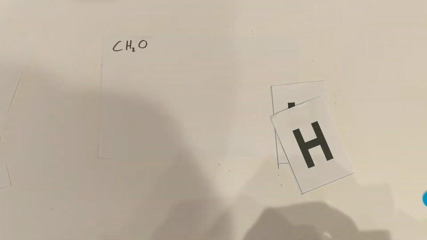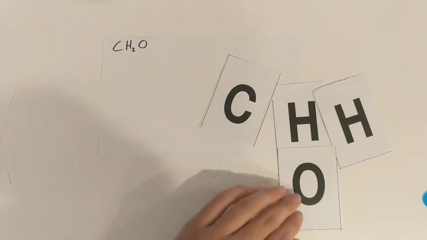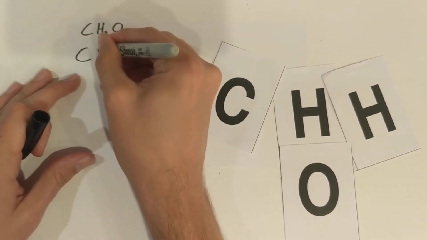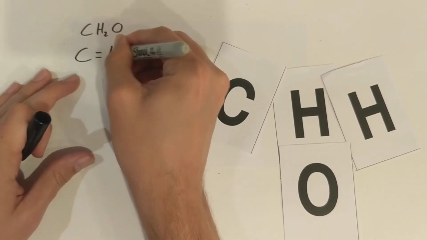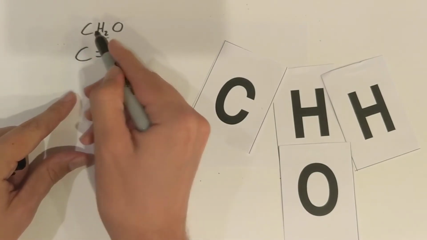CH2O. So let's get 2 H's out here. A C and an oxygen. And let's see how many electrons we got. Let's zoom back in a little bit. So our carbon's got 4 valence electrons. And our hydrogen, we got 2 hydrogen.